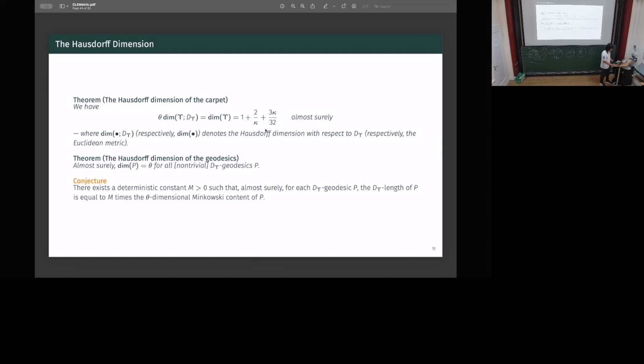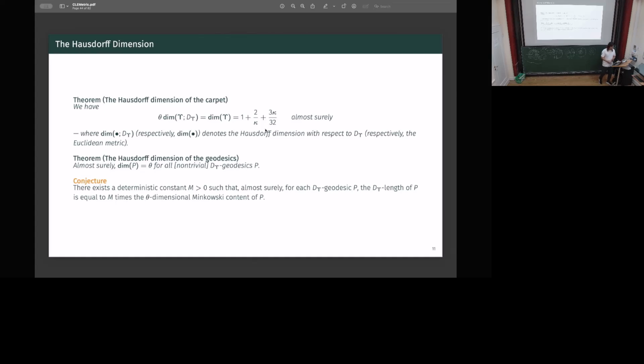And now actually we want to conjecture that, up to a multiplicative constant, the length of each geodesic is actually given by the theta-dimensional Minkowski content of this geodesic.